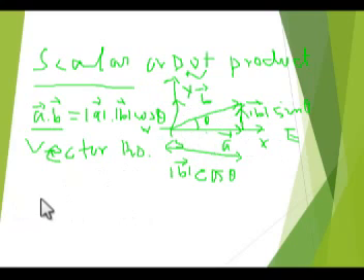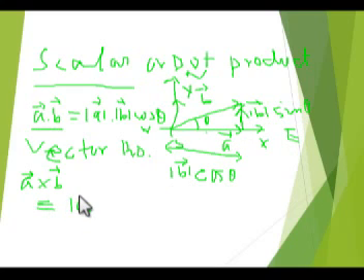So to deduce the vector product, we will use another sign, the cross product. A cross B is the product of two vectors, the modulus of A and the modulus of B, and their direction also. How the direction is multiplied is the important thing.